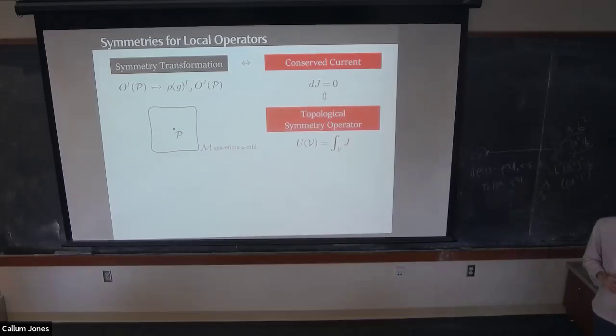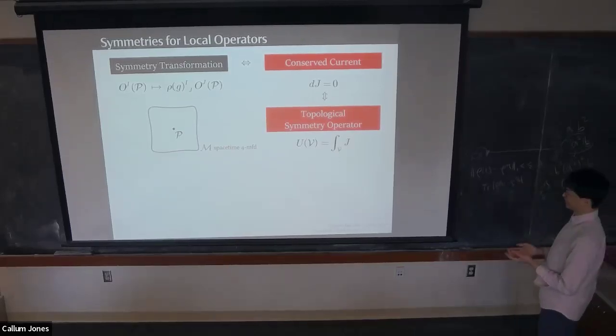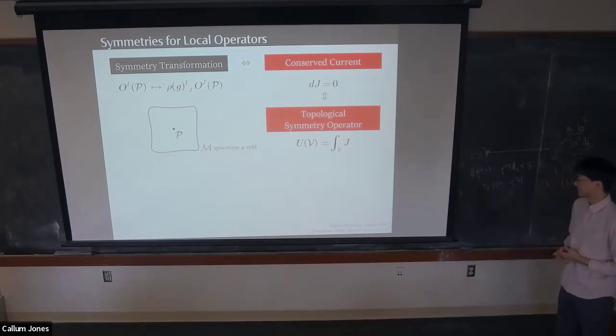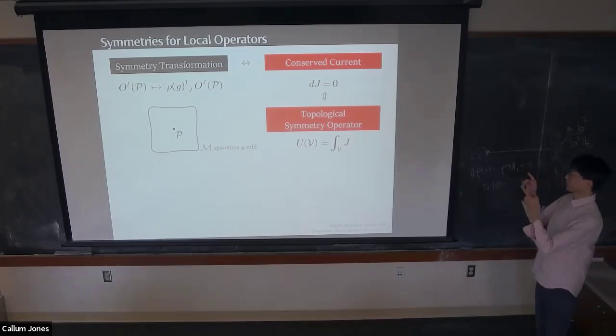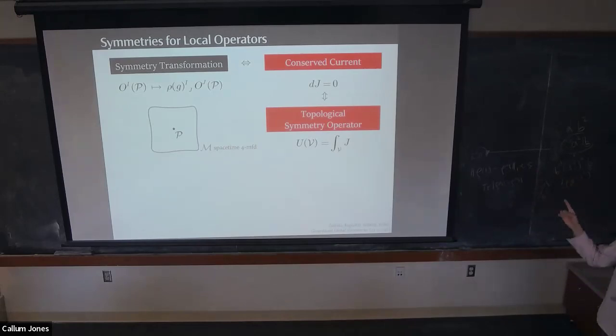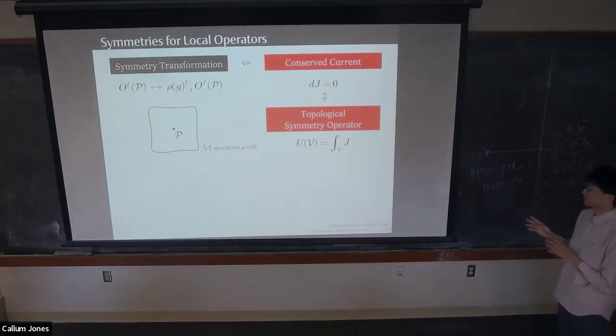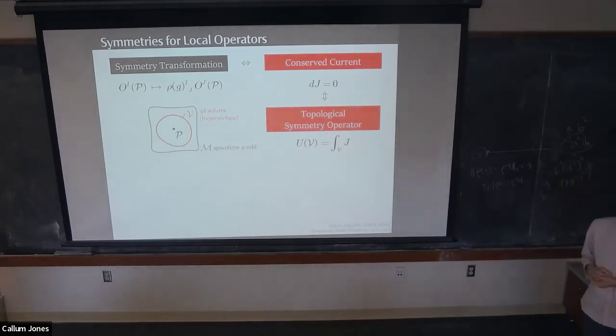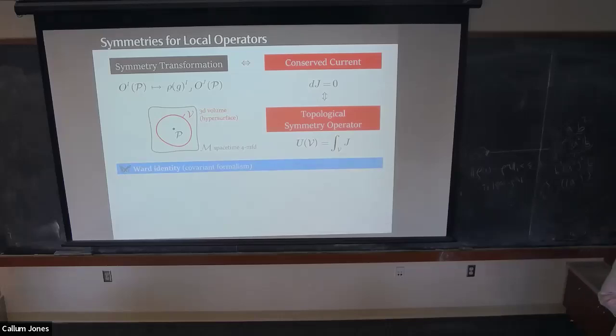But there has been a new insight, or well, it's not new nowadays, but a very interesting insight, which is the conserved current could be repackaged or rephrased in terms of a topological symmetry operator. So when we have a conserved current, we can integrate that current over a 3D volume or hypersurface to obtain the topological symmetry operator.